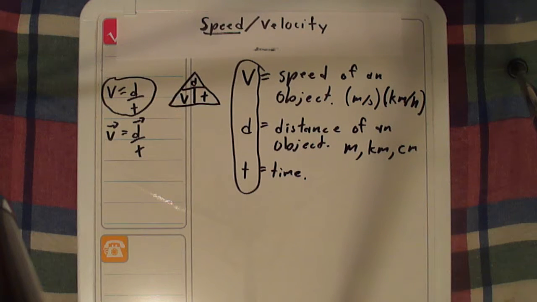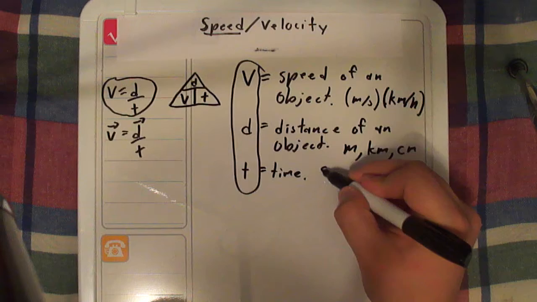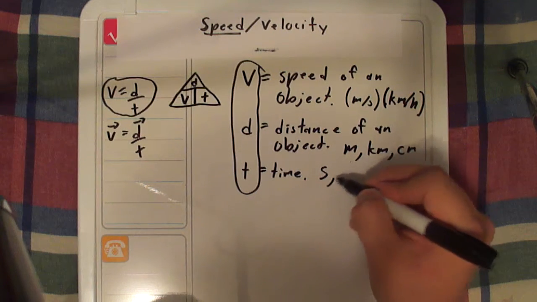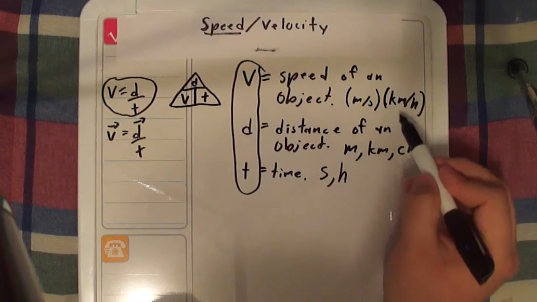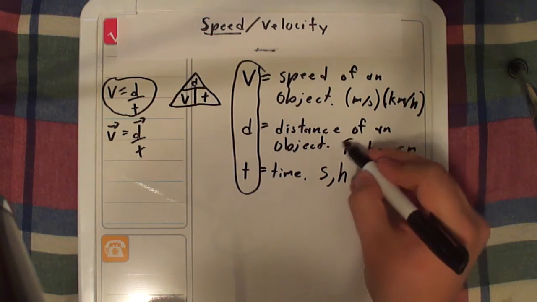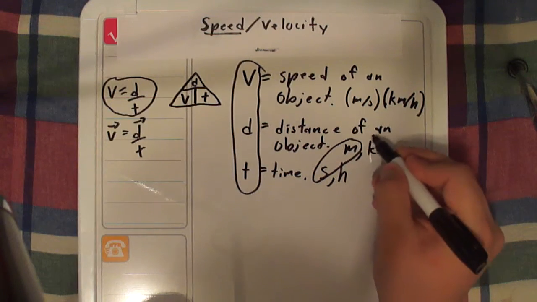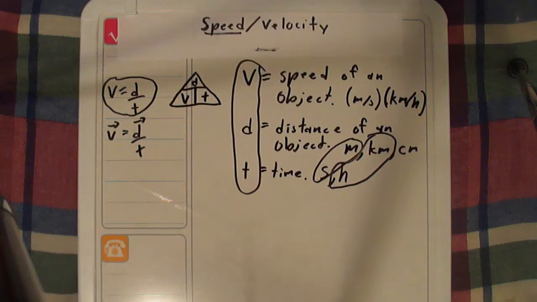For me, like I said, since I'm Canadian, I usually use this. Time is commonly used as seconds or hours. So you can see meters per second or kilometers per hour. Meters per second, kilometers per hour. I'll circle that. There we go. So, that's a very simple explanation of what these variables are.